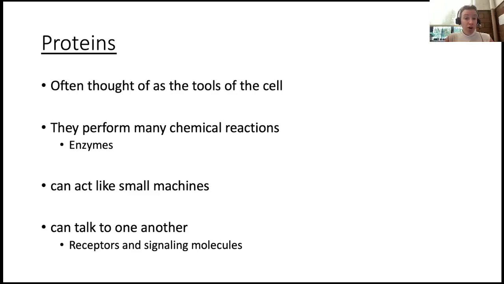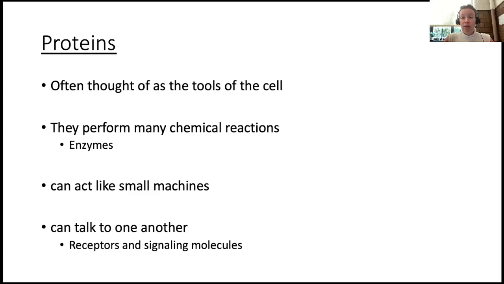Now, you've likely heard of proteins. You know you need to eat protein in your diet, for example. Proteins are often thought of as the tools of the cell, right? So let's say that the book of DNA instructions was read by you, and then you reading the instructions and knowing the instructions, that's the intermediate message.